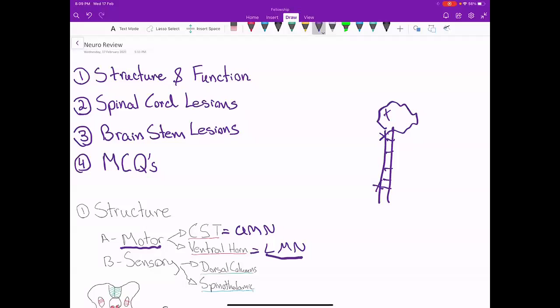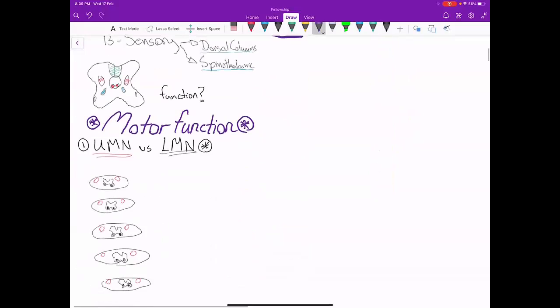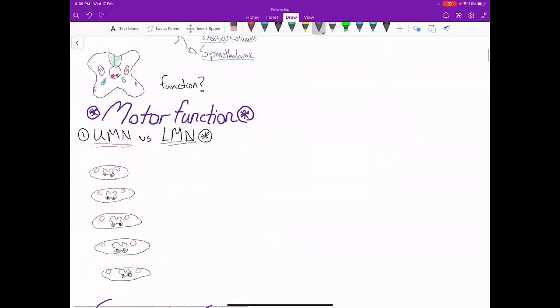Okay, now for sensory, just briefly, we have the dorsal columns and the spinothalamic tract. So once again, let's look at the motor function. I briefly drew a little vertebral body over here to quickly recap for everyone. We always have the central canal in the middle.